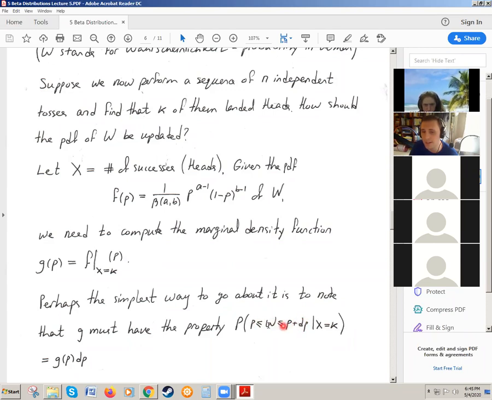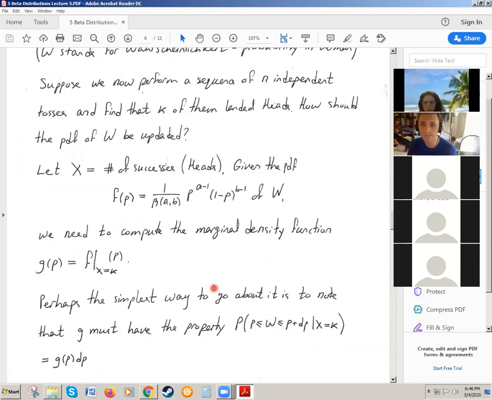If dp is very, very small, then essentially W is like p. If W is equal to p, then g is supposed to be the height, so g(p) times dp, which is the width. Height times width gives me the probability. In other words, g(p) is the height at p of the corresponding thin column.